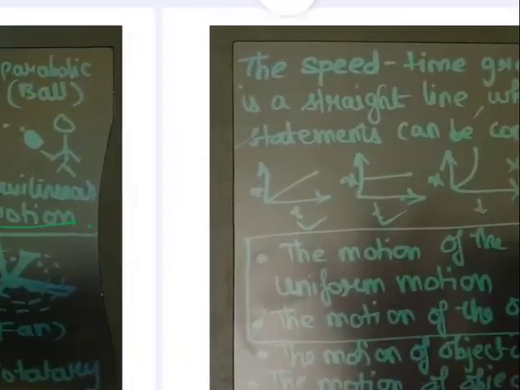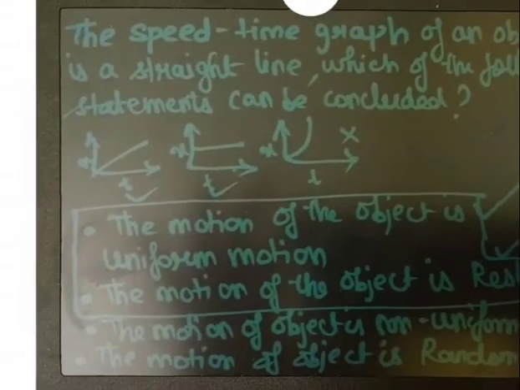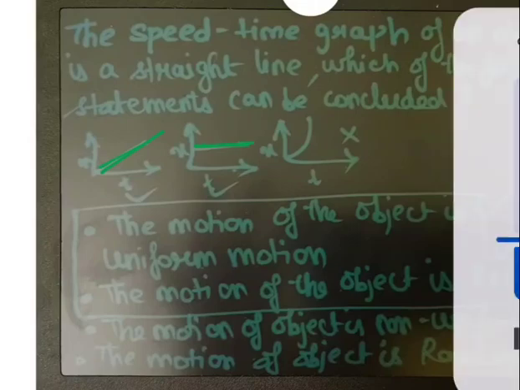Now next, the speed time graph of an object is a straight line, which of the following statements can be concluded? So here there is a question that mentions the speed and time graph of an object is a straight line. So when an object remains at rest or is in uniform motion, only then the graph will be a straight line.